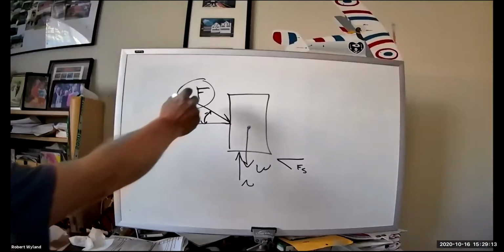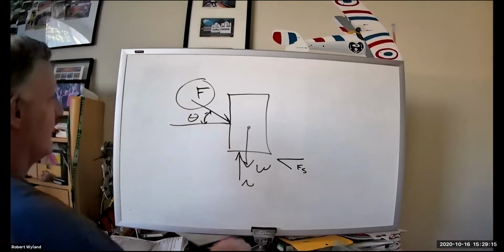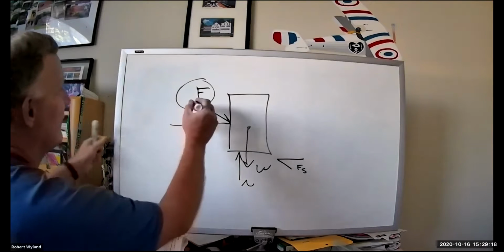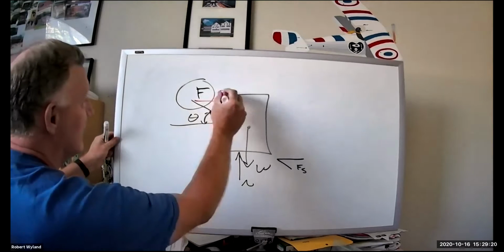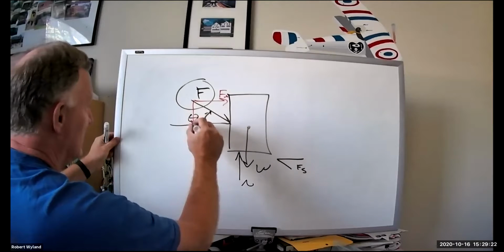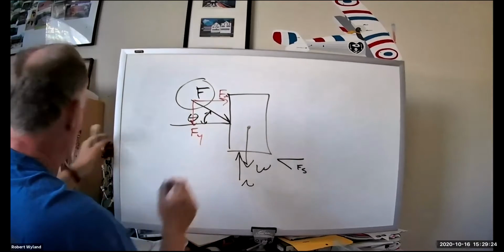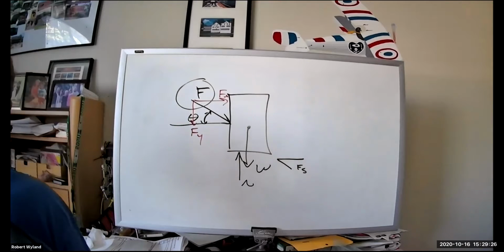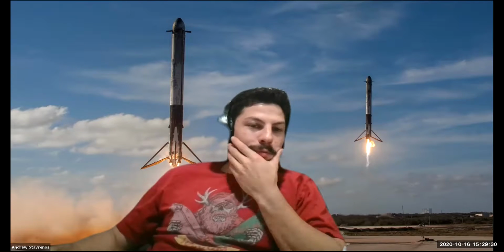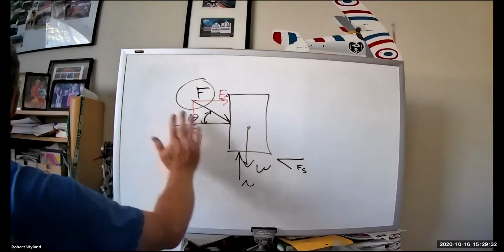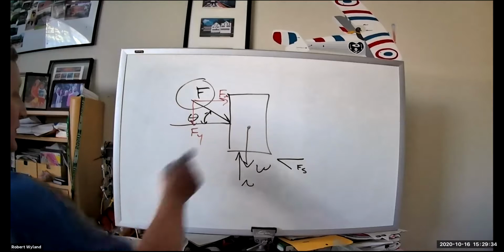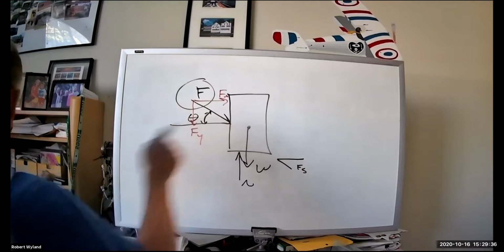So, clearly you can take F and have Fx and Fy, right? When you go to solve this, you're going to break that into components. But this is how you would draw it with the F.